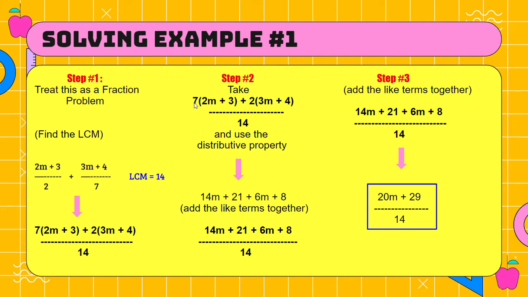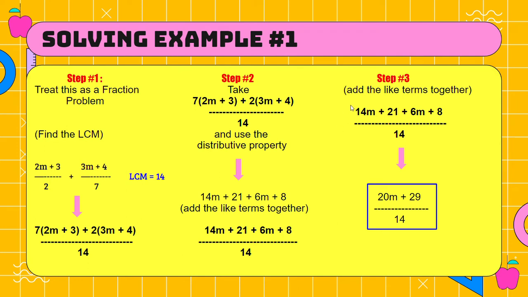So you do 7 times 2m, plus 7 times 3, plus 2 times 3m, plus 2 times 4. And you should get 14m plus 21 plus 6m plus 8. And yeah, that's it for the second step.